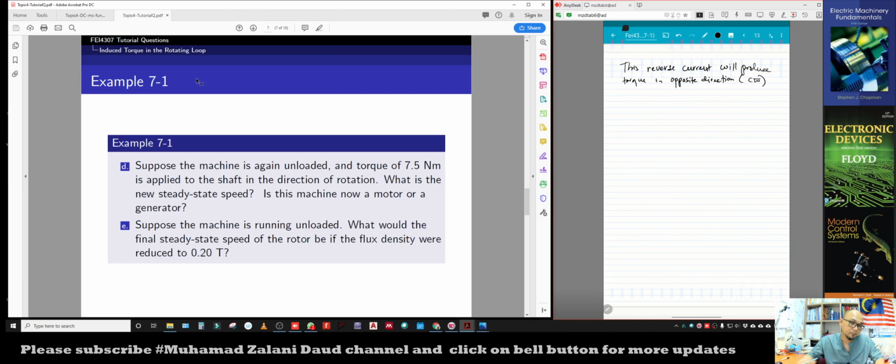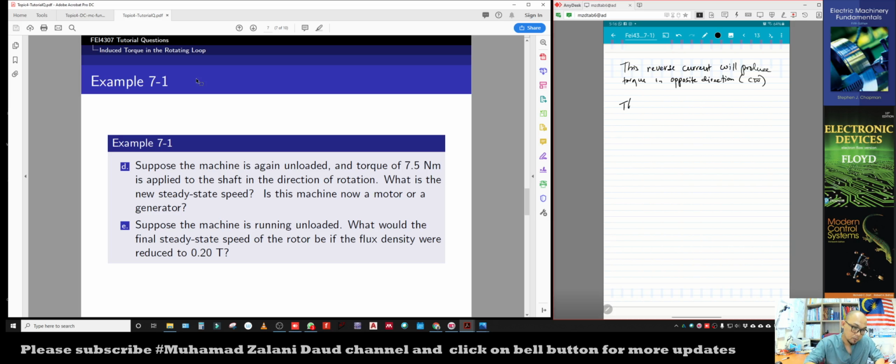So the induced torque opposes the external applied torque, and eventually tau load equals tau induced at a higher omega m.